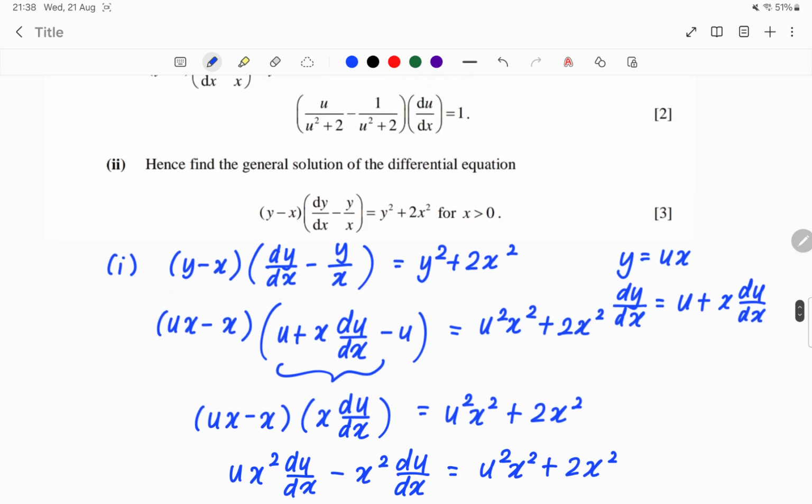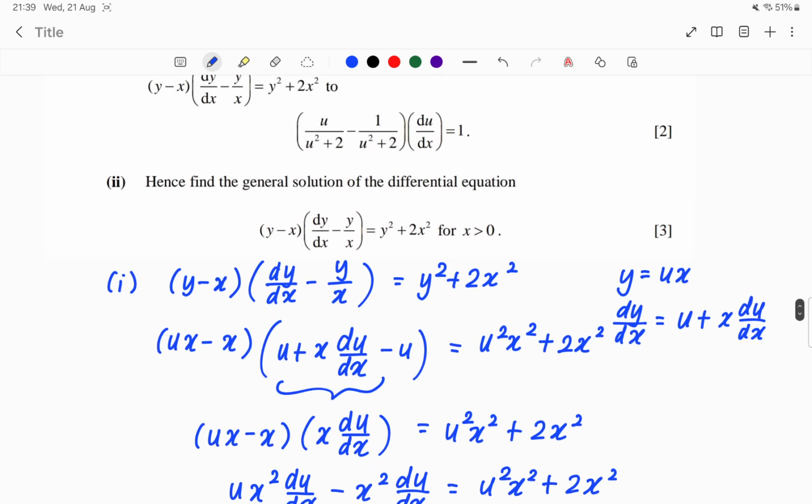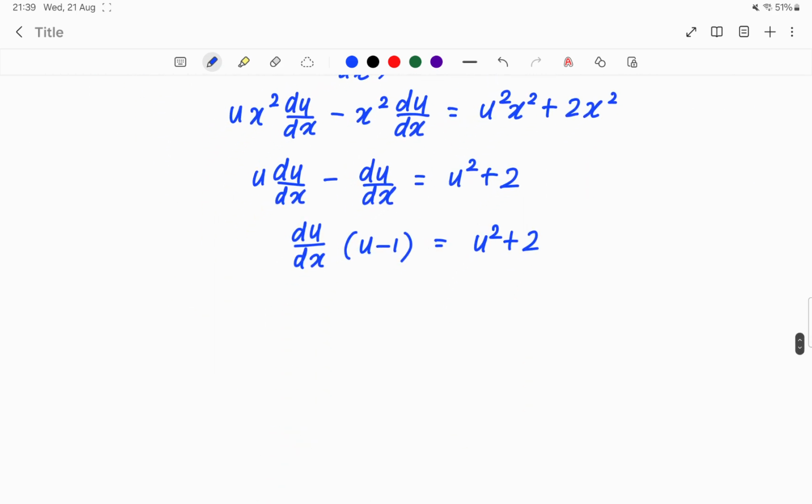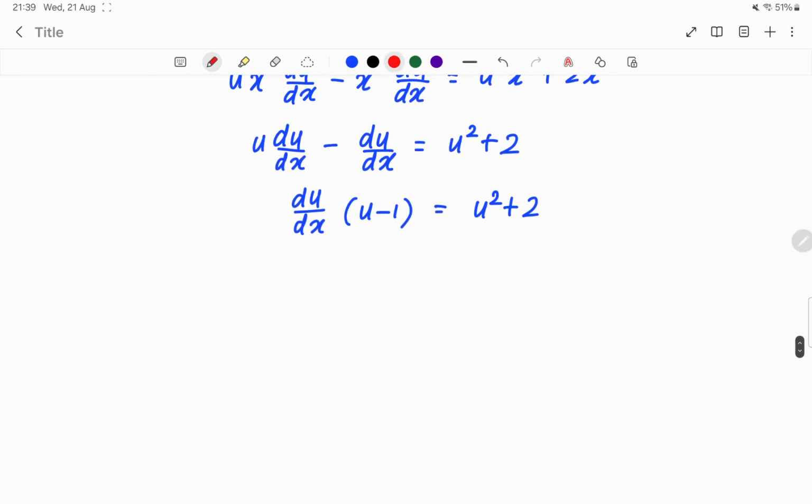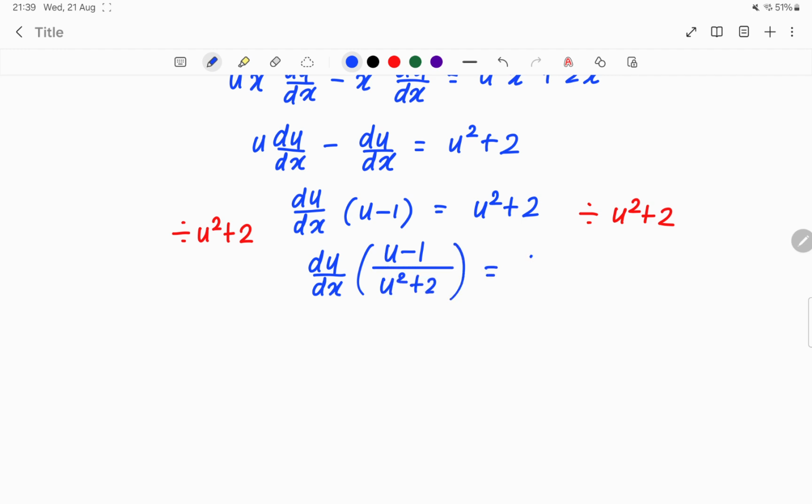Then the question wants it such that it is du dx. The right hand side equals to 1, right? So we will divide by u squared plus 2 to get 1. Over here we'll also divide by u squared plus 2 to get 1. So it will be du dx times u minus 1 over u squared plus 2 equals to 1.